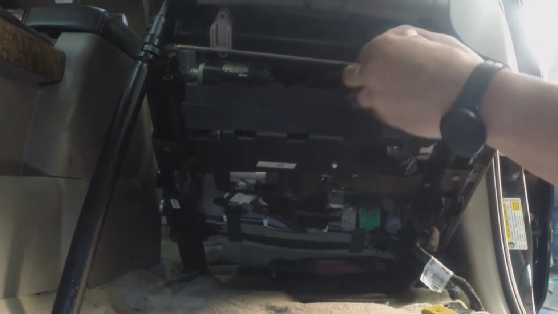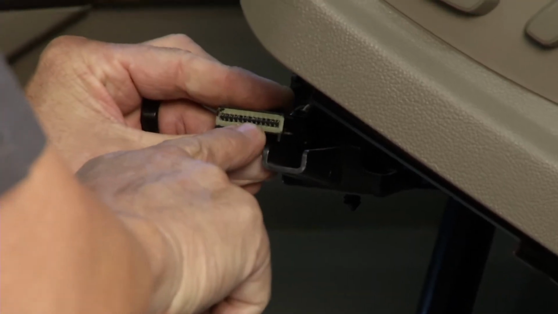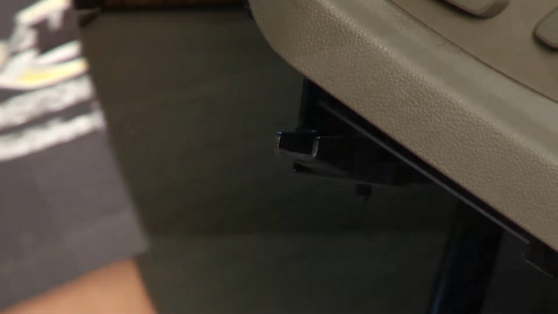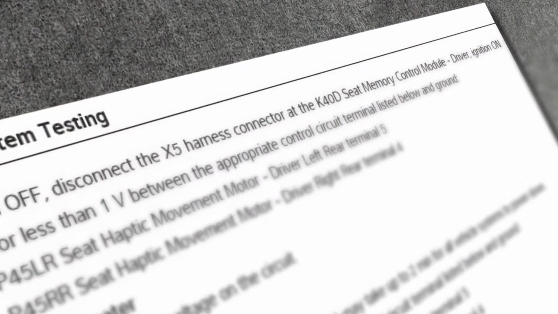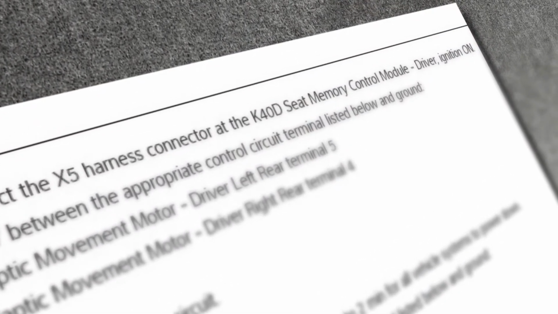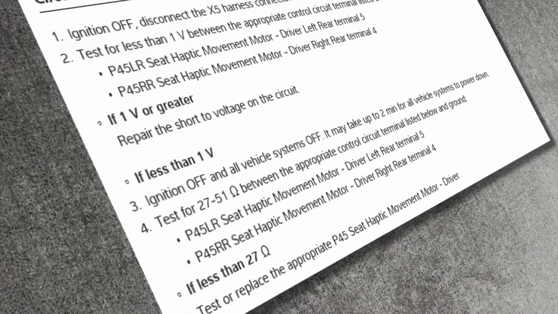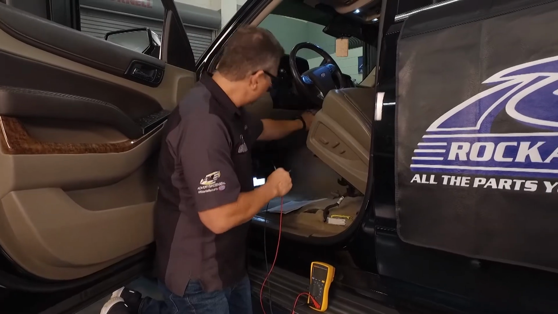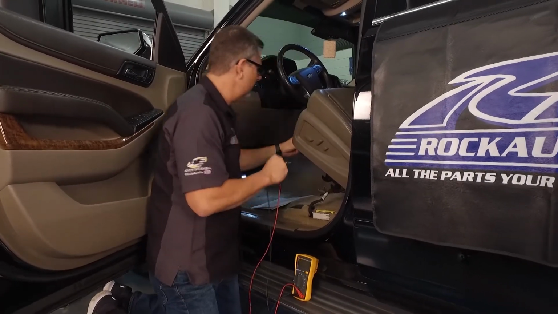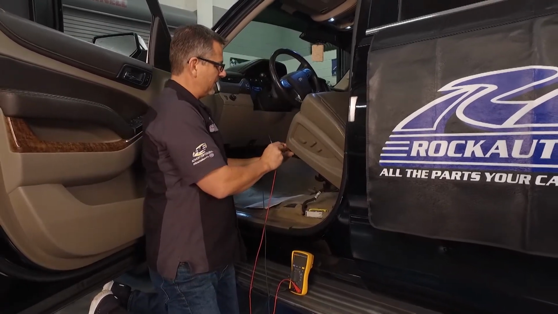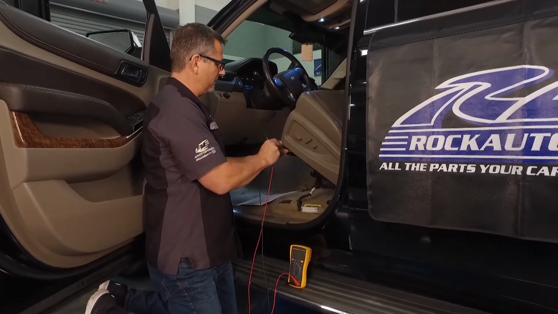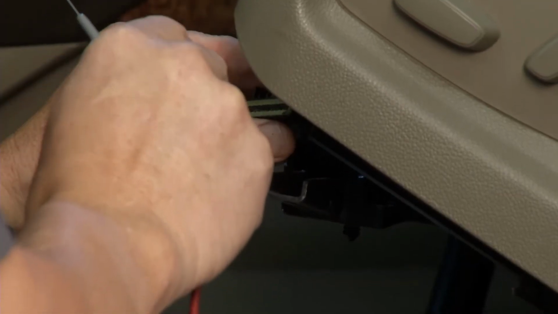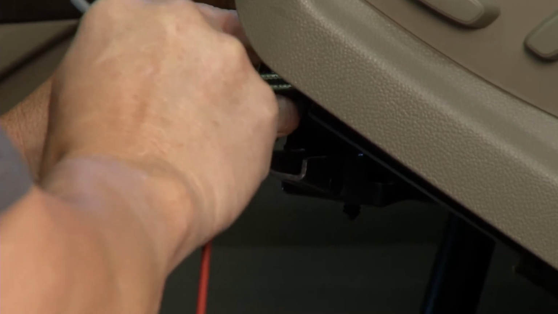Now, I looked in the service manual to where it was. Here's the plug. Actually, it tells me right here to disconnect KD40 of the seat module controller. And then what it wants to do, it wants to check it basically for continuity to the motor and a short to ground. So if I just come over here, turn the key on, and I got my connector views, and I go to terminals 4, 1, 2, 3, 4, hold it in the upright position, 4, and then 5.